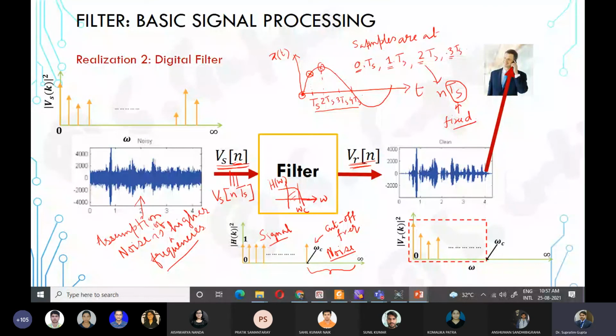The RLC domain with passive electrical components, the op-amp based circuit with active electrical components, and the digital domain with the processor are all different paradigms, but the concept of the filter remains the same.